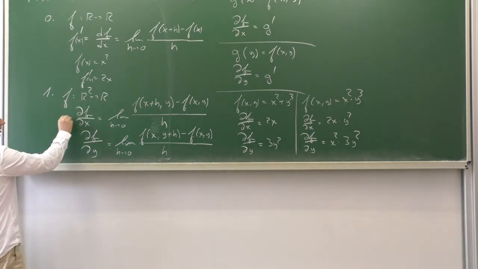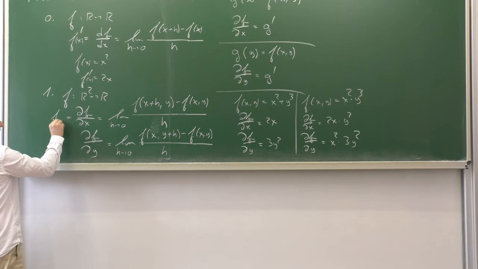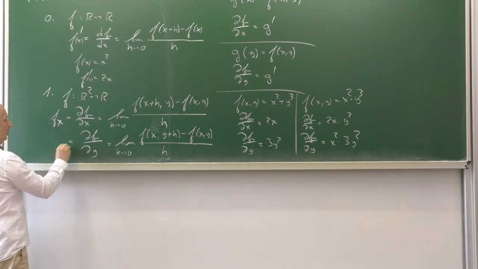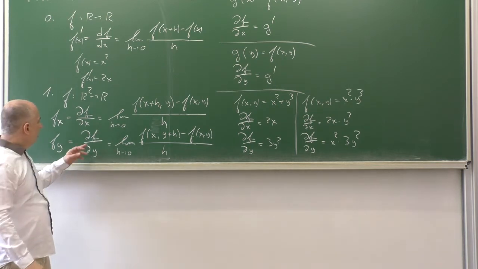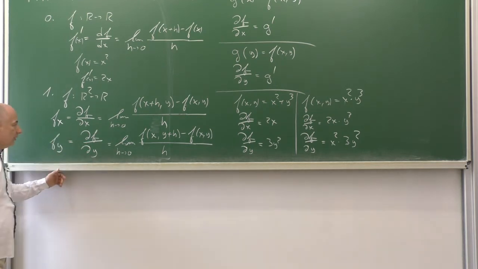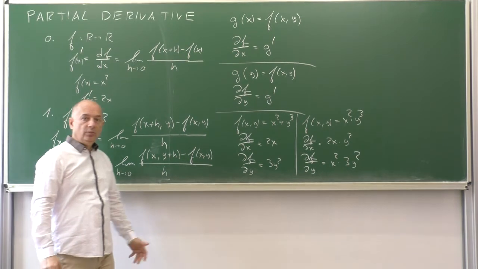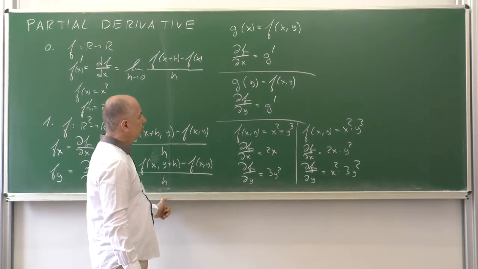Alternative notation is f with the subscript x and f subscript y. This is also a common symbol for the partial derivative.